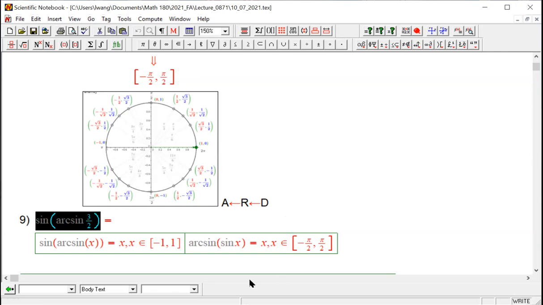No, why? Because 3/2 is outside the specified interval, right? There's no range specified. What range are you talking about?